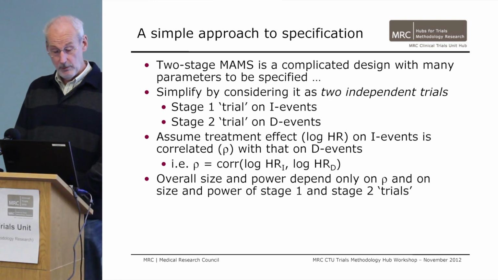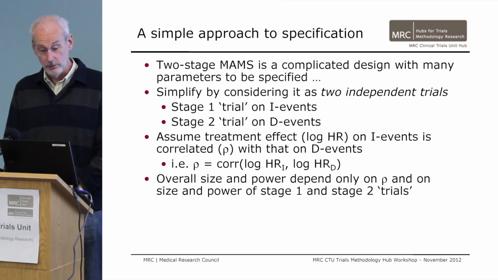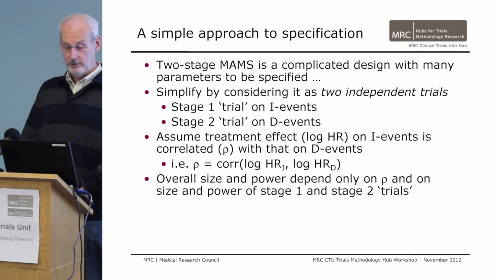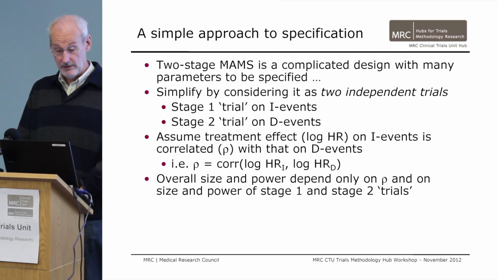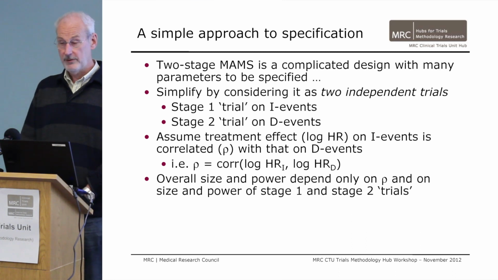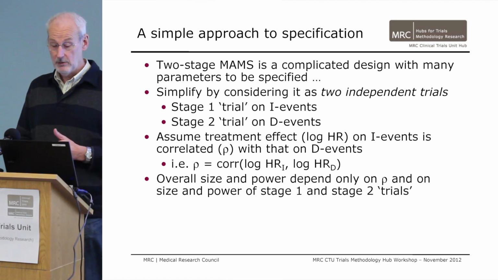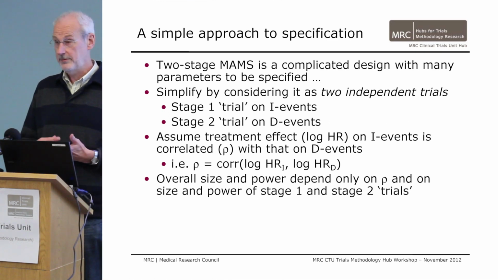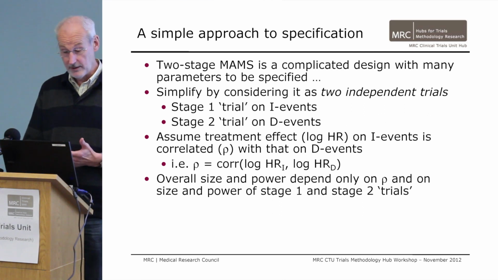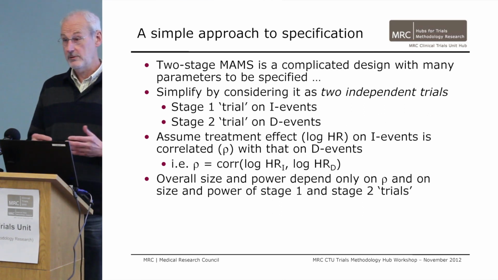And what I mean by it can be worked with, if you want to know the overall, for example, significance level and power, which obviously you will want to know, for the whole design, including both stages, how do you do that? Well, the first thing you have to assume, and I think this is important, is that, as I mentioned before, for the treatment effect, the hazard ratio, or the log hazard ratio, on both of these types of outcome, the intermediate and the definitive outcome, there has to be a correlation between these treatment effects.